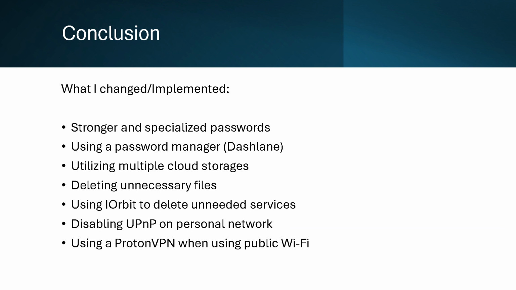I'm going to utilize multiple cloud storages instead of just relying on one cloud storage to save all of my data, and also delete any unnecessary files to make room for the stuff that's actually important. Then I'm going to use iObit to delete any unneeded services or any services that may lead attackers to vulnerabilities in my device. I'm going to disable UPnP on my personal network, and I'm going to use Proton VPN when I'm on public Wi-Fi.